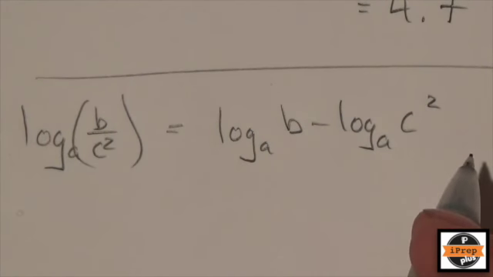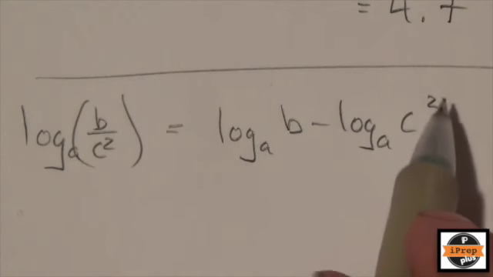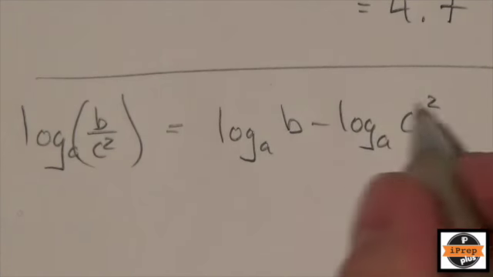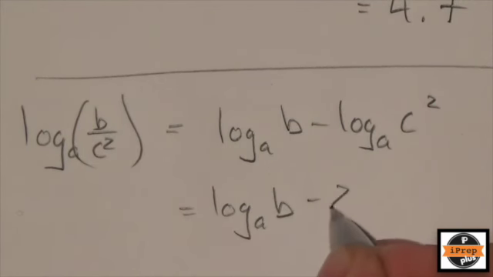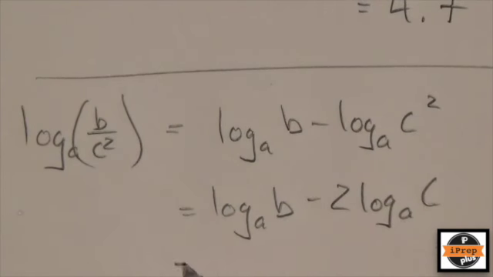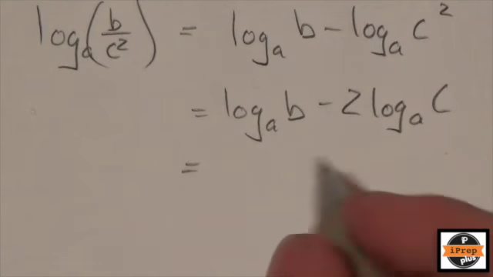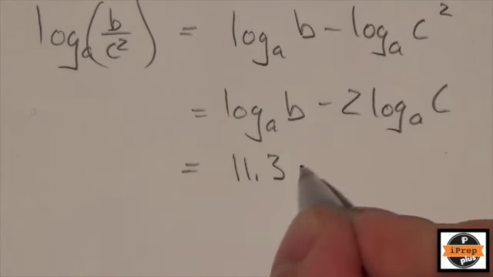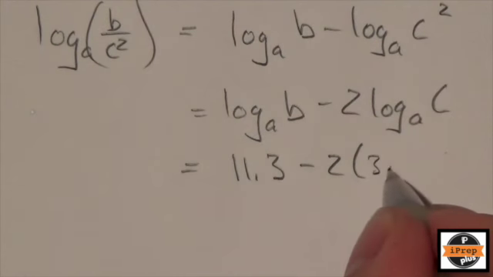In the original question, I'm given information about the log base a of c, not c squared. So I need to get rid of that 2, and I do that by bringing it out front. That's one of my log laws. This becomes minus 2 log base a of c. Now I can make the substitution. I know that the log base a of b was 11.3, and the log base a of c was 3.3.